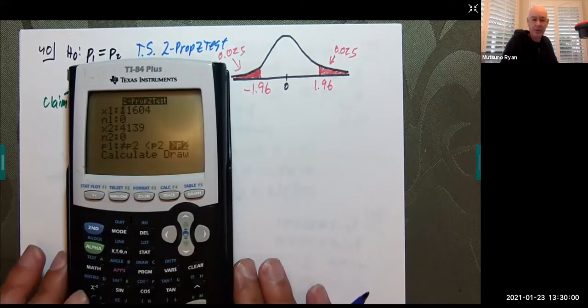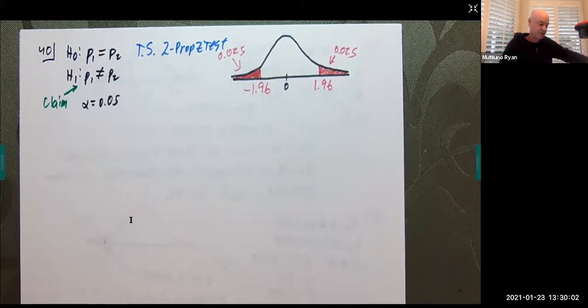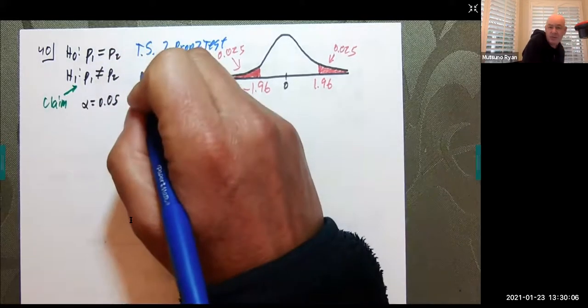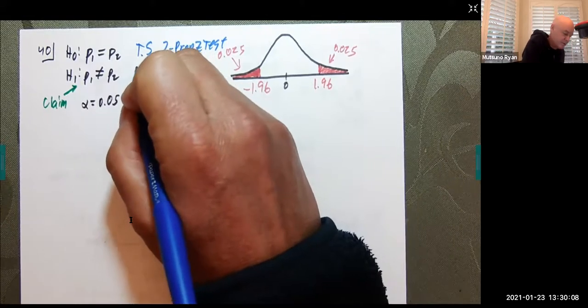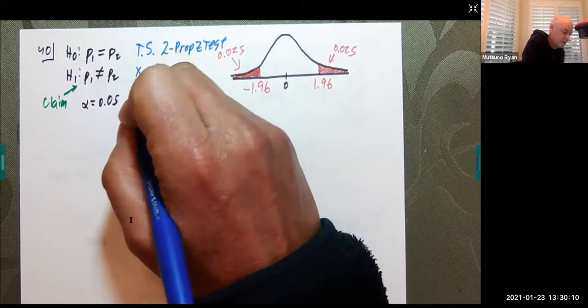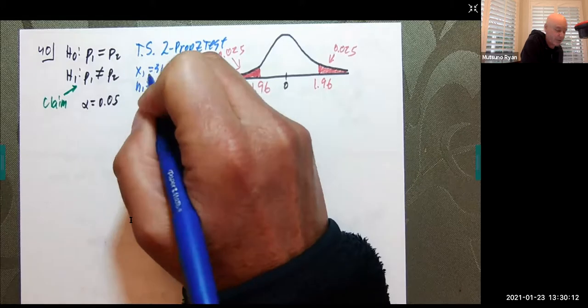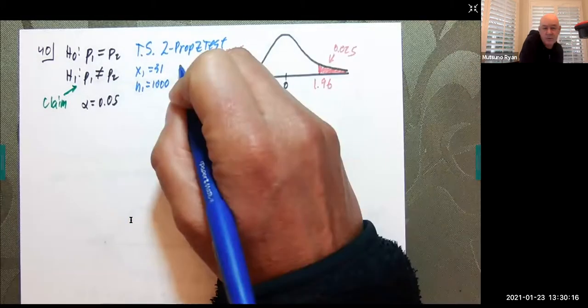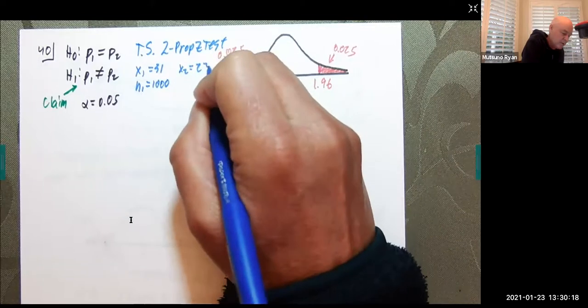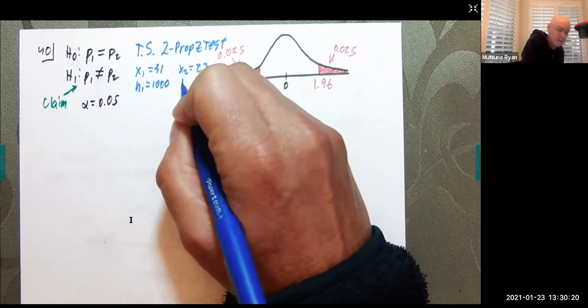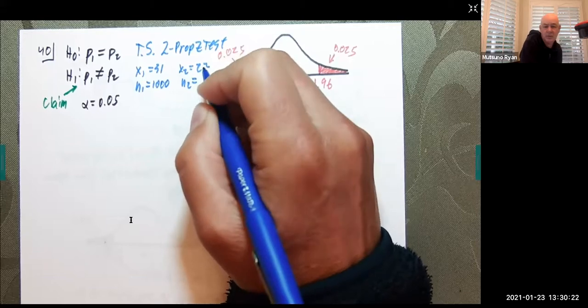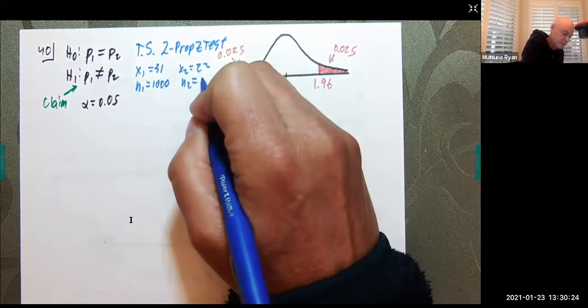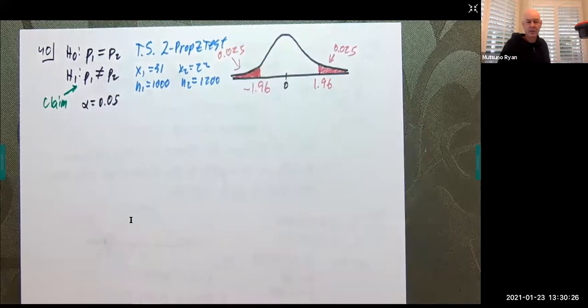And before we get going, they actually give us this information. So the religious people will be first. So x sub 1 is 31. N sub 1 is 1,000. X sub 2 is 22. N sub 2 is 1,200. And what else?